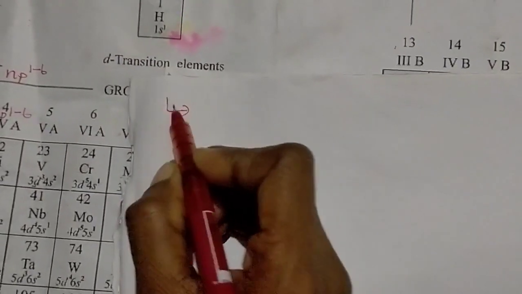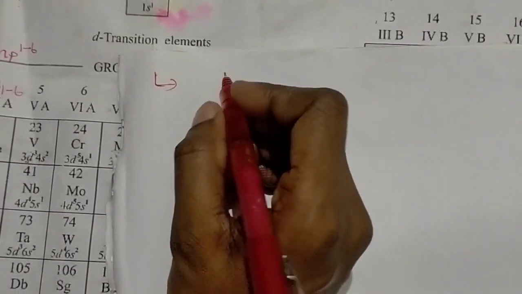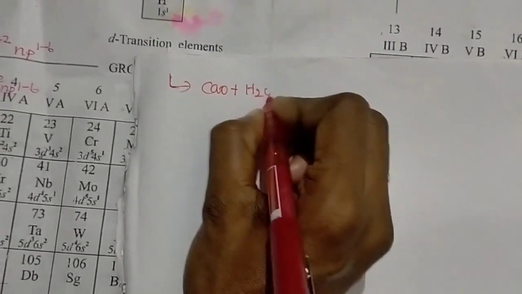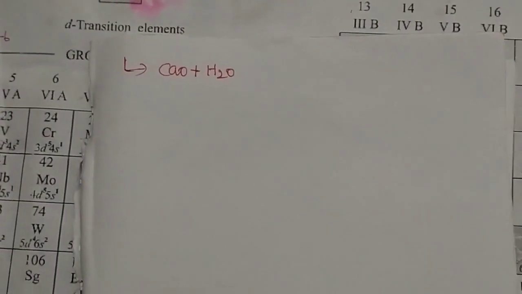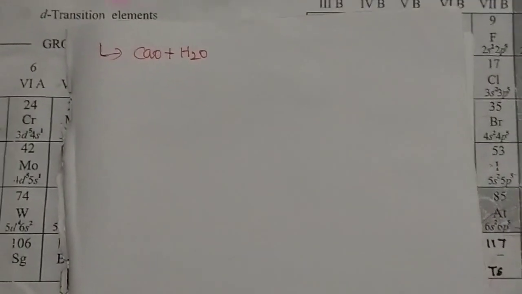Next property: when quicklime is reacted with a limited amount of water, it breaks the lumps of the calcium oxide.